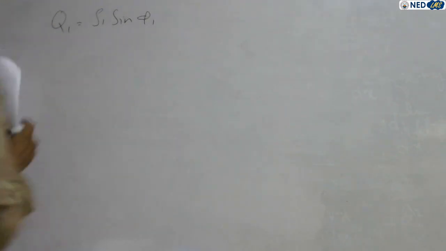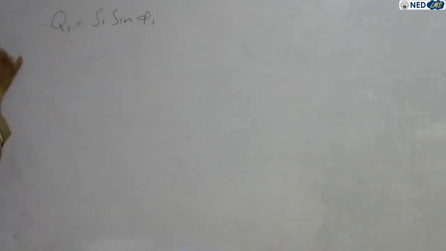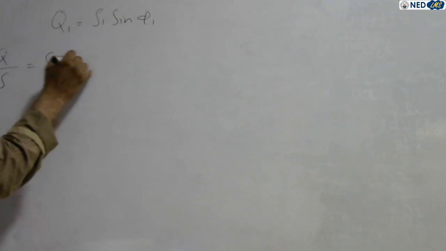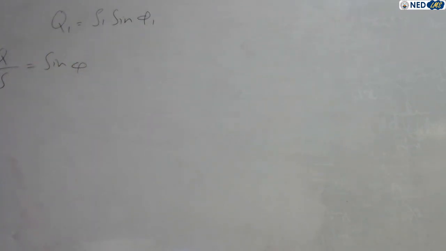1. Right? It is also obvious from the ratio that Q over S is equal to sine of phi. Perpendicular upon hypotenuse. If you recall the triangle, you will get this sine relation also. It is a ratio of reactive power over apparent power.